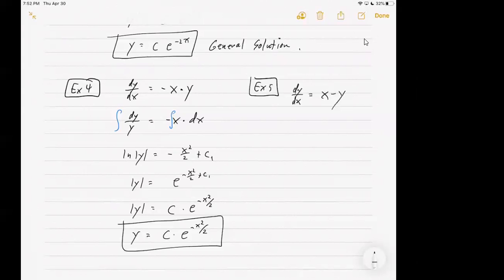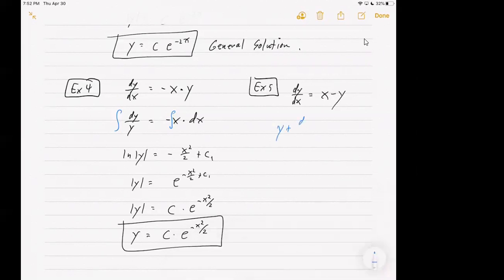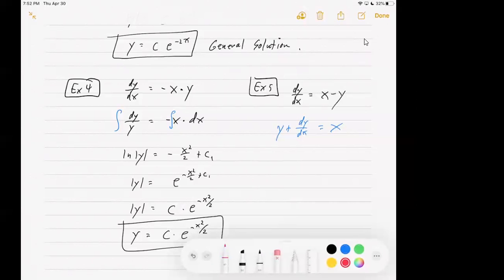All right. The reason why is we really need to be able to use division or multiplication to separate. All right, so if we want to get y to the other side, we could do that. We could say this is y plus dy dx equals x. Looks like I've gotten closer to separating, but this dx is stuck underneath of here.